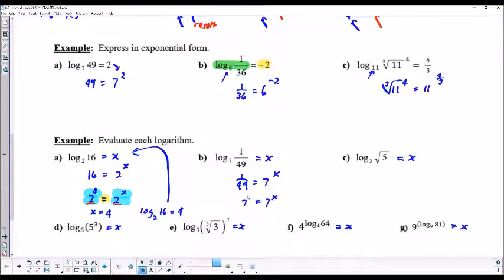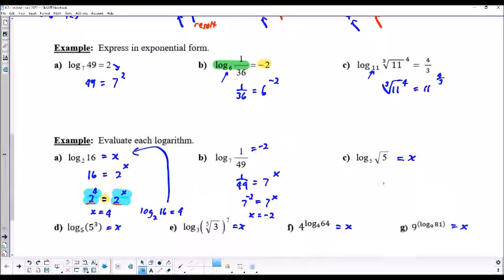So that means that the exponent probably has to be negative. So 7 to the power negative 2 gives me 1 over 49. We've got equivalence. We have the same base. Therefore, x has to equal negative 2. Therefore, up here, the logarithm of 1 over 49 to the base of 7 equals negative 2. Then you can, if you want, erase this x there.